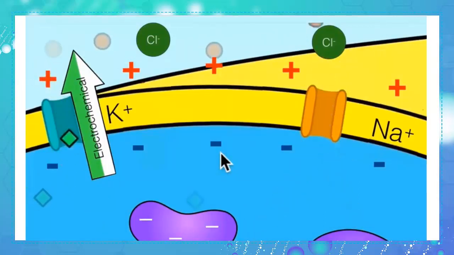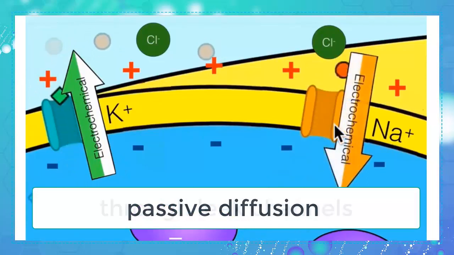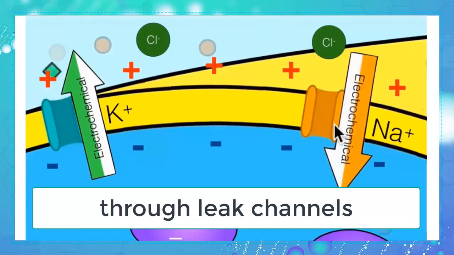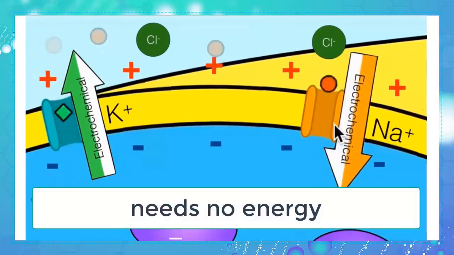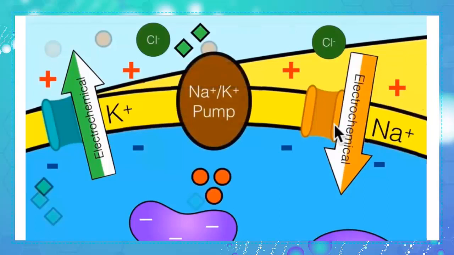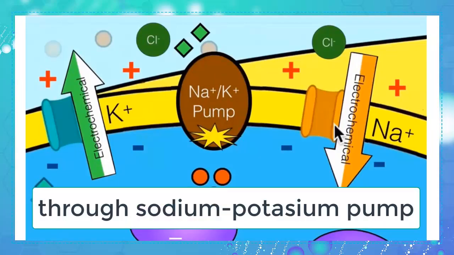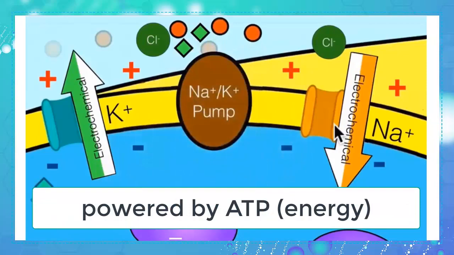During this resting state, potassium and sodium ions passively diffuse along their concentration gradient through leak channels that are always open and need no energy at all. You have also learned that this resting membrane potential is maintained at -70 millivolts due to the active diffusion of sodium and potassium ions against their concentration gradient through the sodium-potassium pump that is powered by ATP.